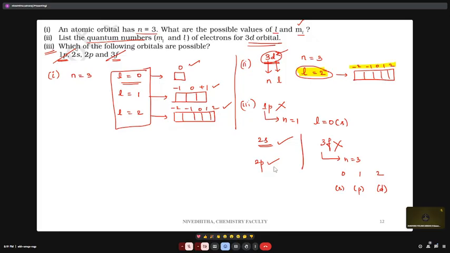Now we'll move on to electronic configuration. Whenever you're writing electronic configuration, we have to follow a few rules. There are three main important rules to be followed. One is the Aufbau principle, second is Hund's rule, and third is Pauli's exclusion principle. What is the Aufbau principle?